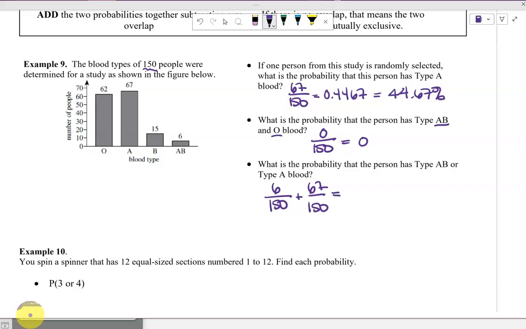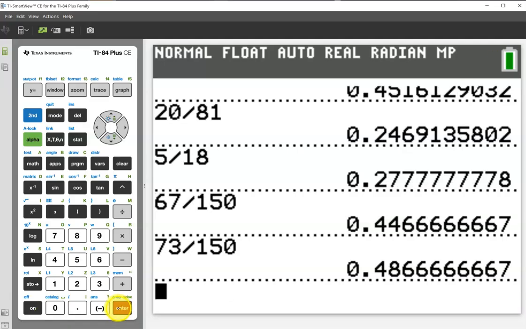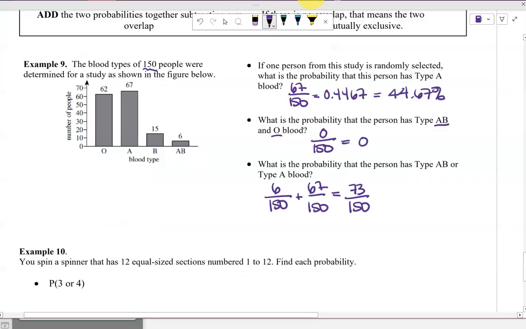Add those together, and we're going to get 73 out of 150. Calculator. 0.4867, or 48.67%.